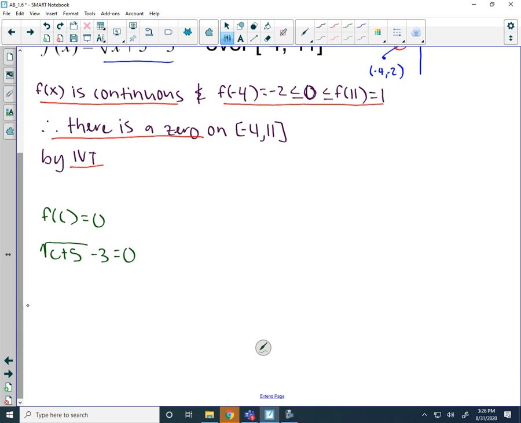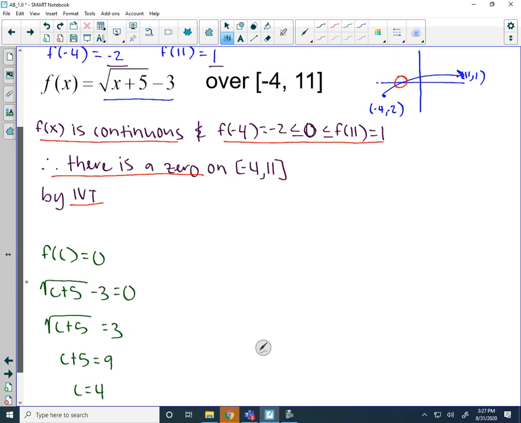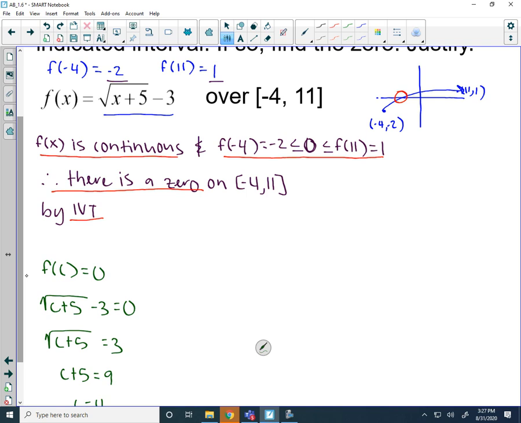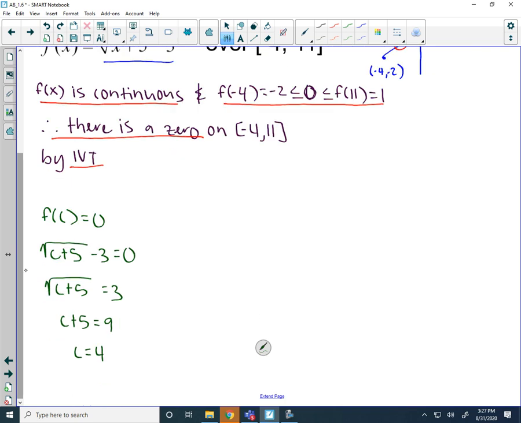And then solve that equation for c. And then do a quick check. C is an x value. Check that 4 is between x equals a and x equals b. 4 is between -4 and 11, so it's a reasonable answer. So there's the x value that would give us a y value of 0.